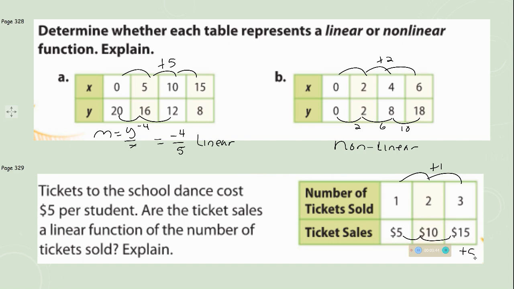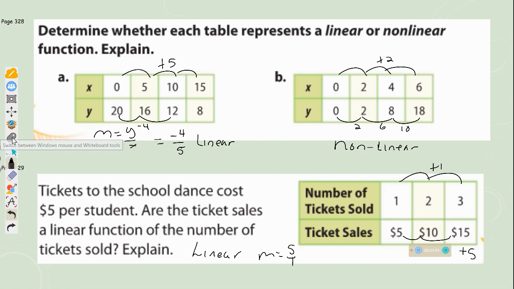This is plus 5. Each one of them is the same, and therefore this is linear. It has a slope of 5 over 1. Okay, so if you can give me a slope, then you can tell me it's linear. So again, we're not really doing anything different today than we've been doing. You're just stating whether or not it creates a line.